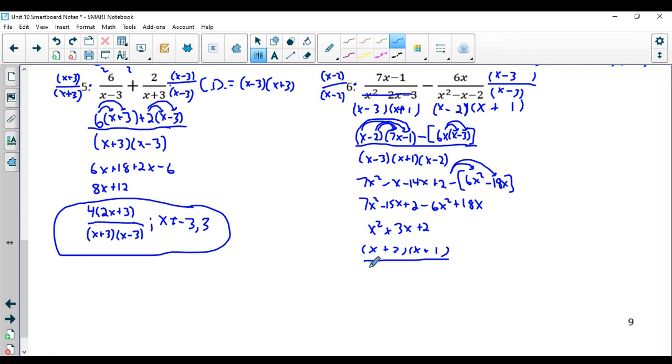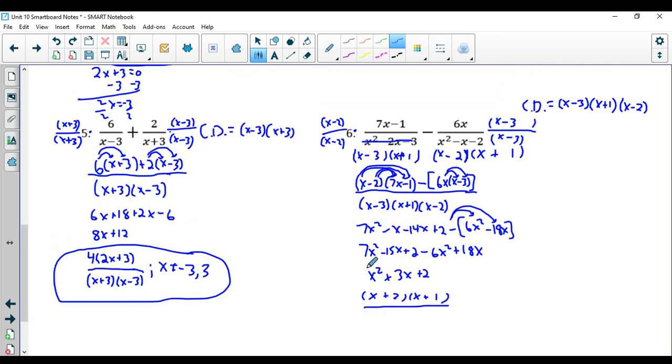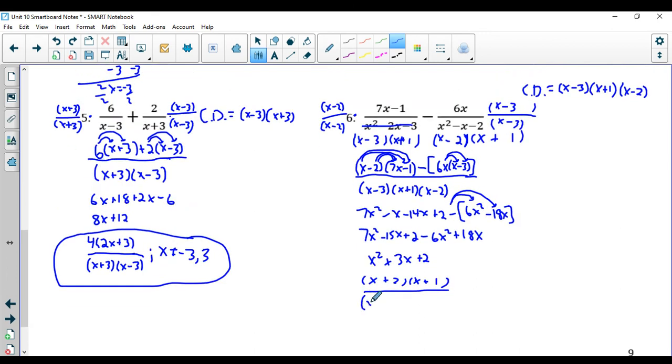So we put our common denominator back on the bottom. So again, we have x minus 3, x plus 1, and x minus 2 as our common denominator. So now that we've separated everything by multiplication, we can look to cancel out.